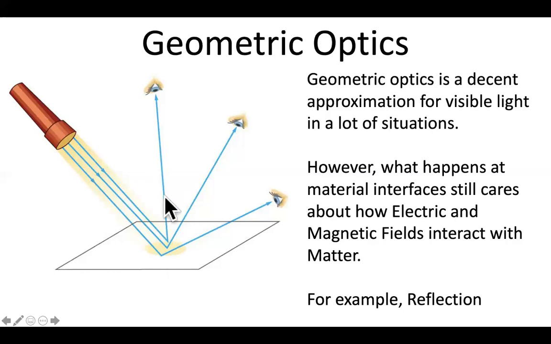And those rules are things you can use that don't require you to understand the detailed interactions between the light and the material. So the first of these we're going to talk about is the rule, or the law, of reflection.